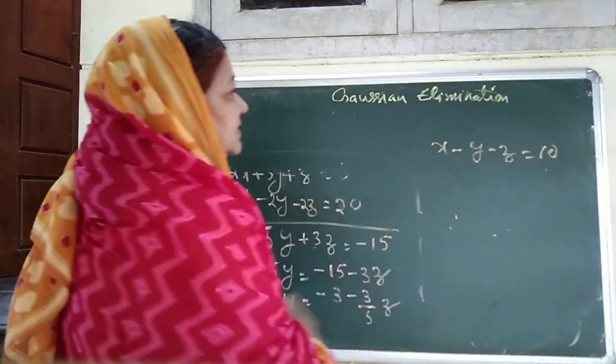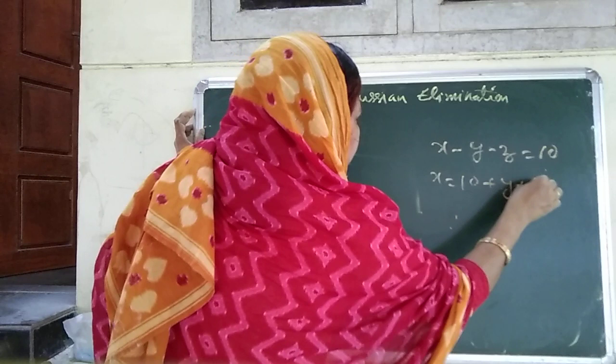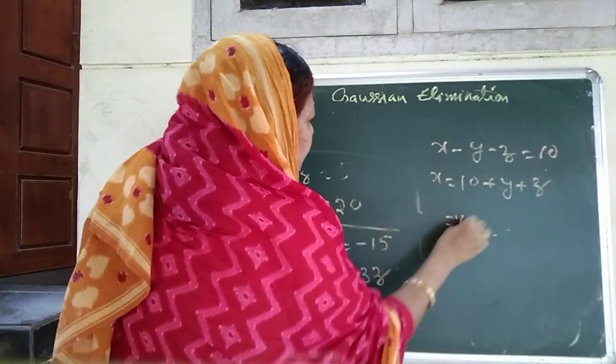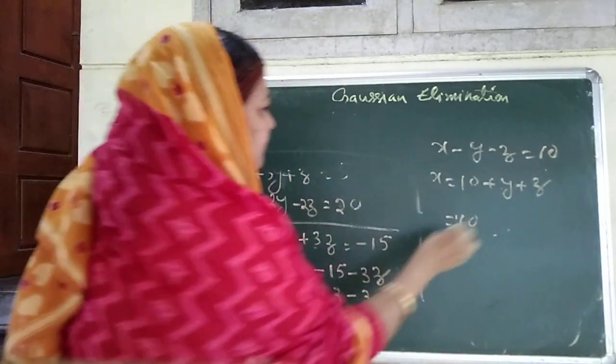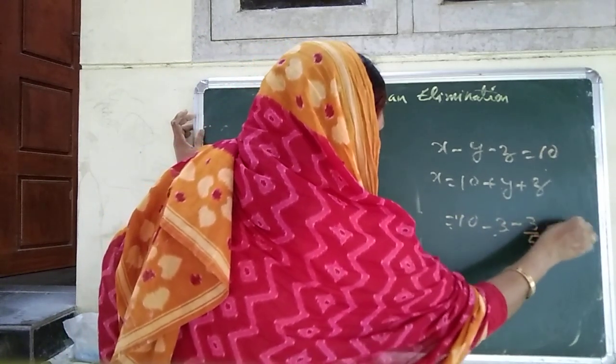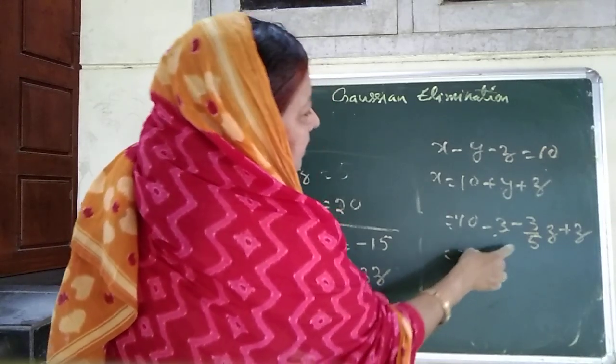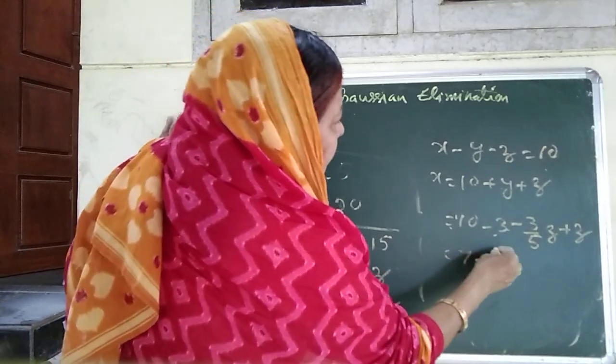Therefore, what is x? x equal to 10 plus y plus z. That is 10 plus y, where y is minus 3 by 5 z, plus z. That is 7 minus 2 by 5 z.